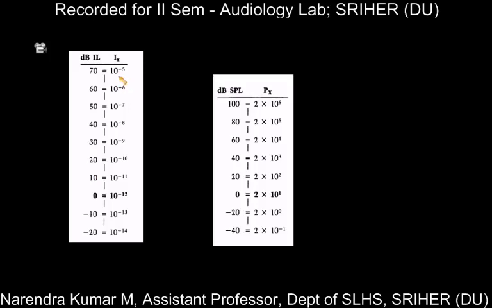So here there is a simple comparison between the intensity scale and the sound pressure scale. As we all know, intensity is directly proportional to the square of pressure. So that relation can be seen in this page.